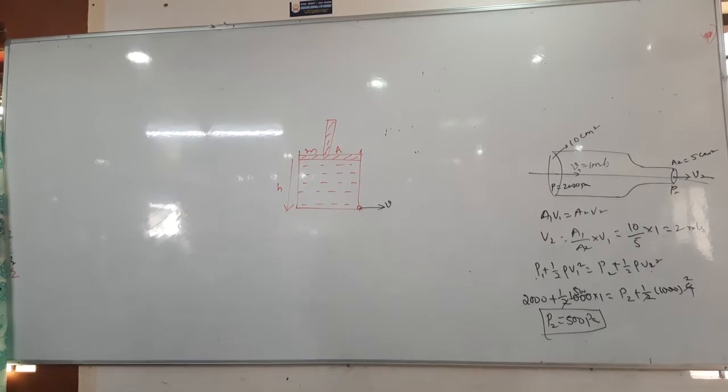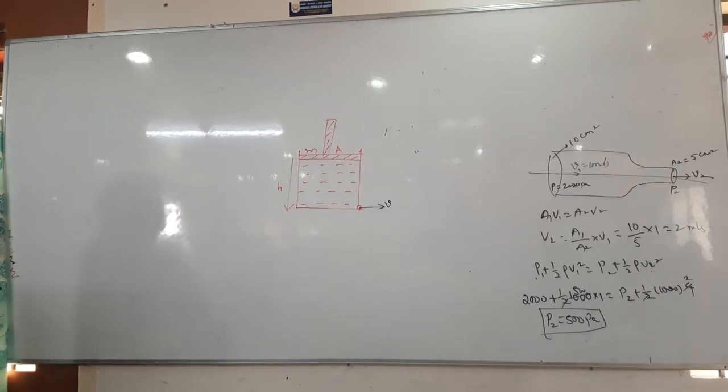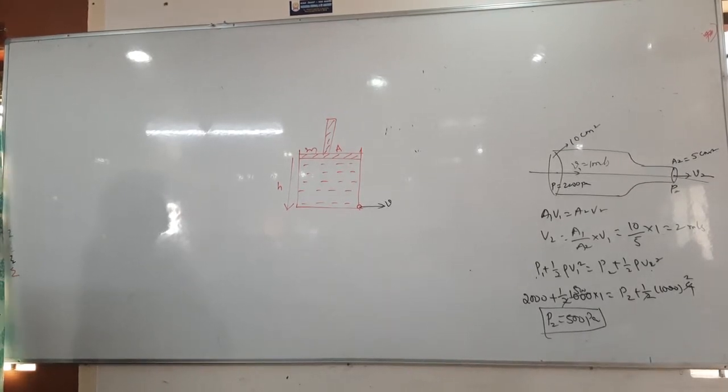That's it. The equation you will get here is rho gh plus mg by A is equal to P naught plus half rho v square.